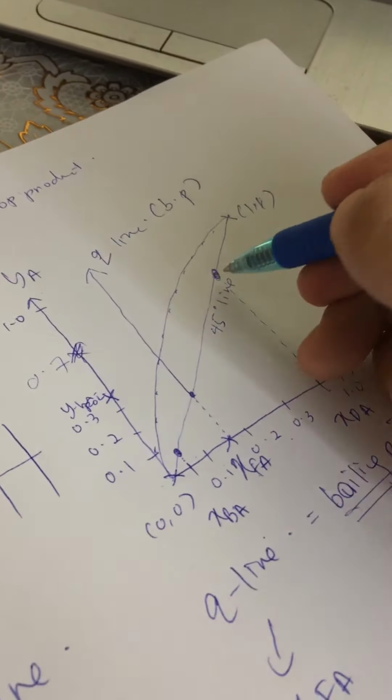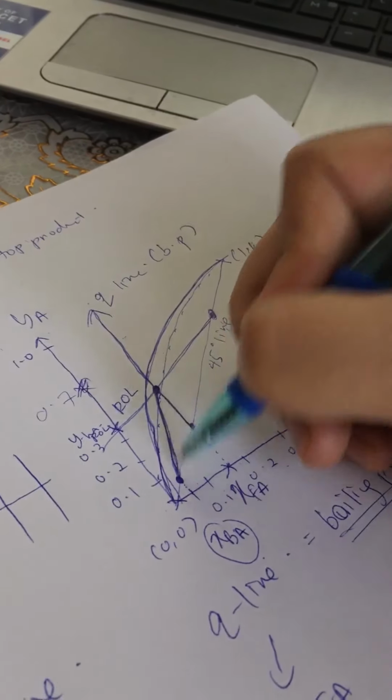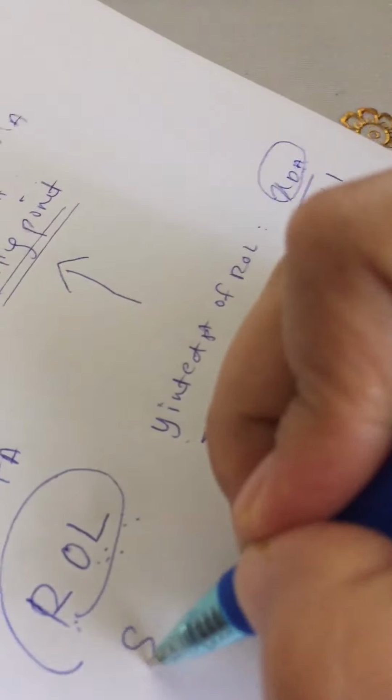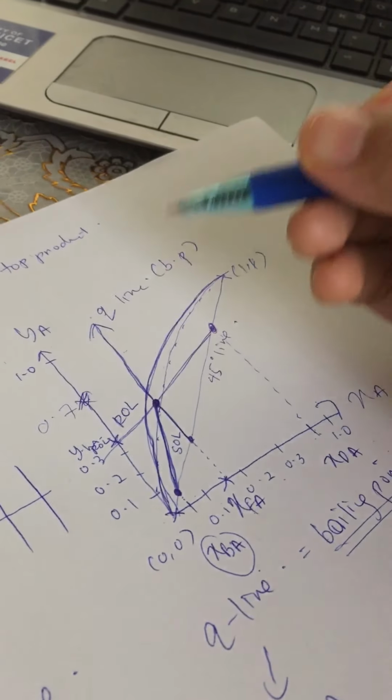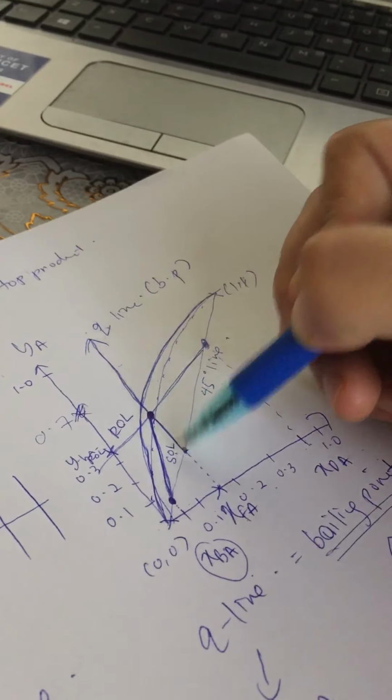Whenever you join XDA at the 45-degree line to the y-intercept of ROL that you calculated before, you get an intersection between ROL and the Q line. From this point, you take your ruler and join this intersection point to XBA, which stops at the 45-degree line. This line is your SOL, which refers to stripping operating line. So basically in this graph you will have three lines: the Q line, ROL and SOL.